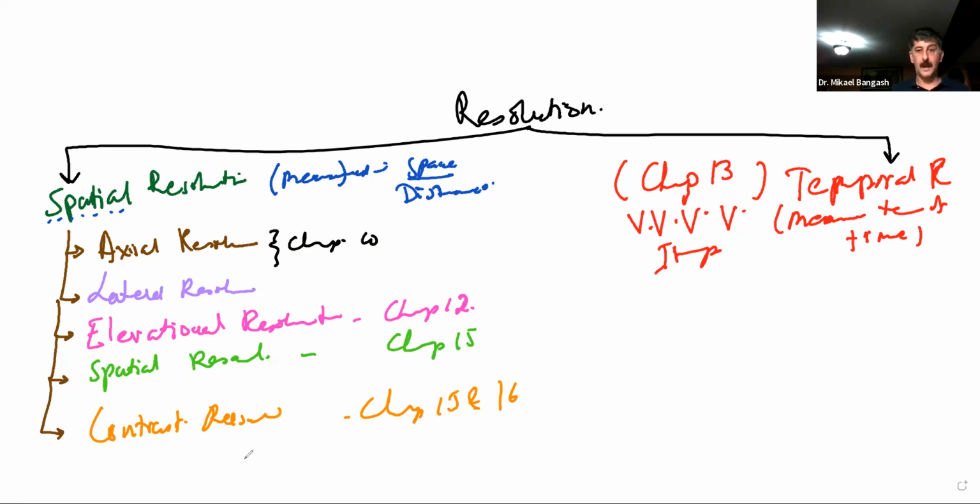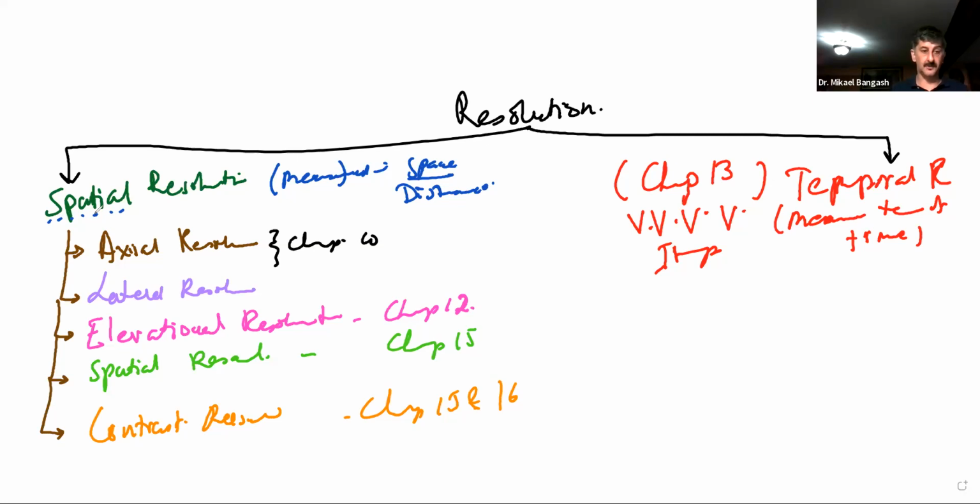But primarily, if we divide your resolutions into two major types, we have resolutions related to space, or area, or distance, and resolutions related to time, which are respectively spatial resolution and temporal resolution.